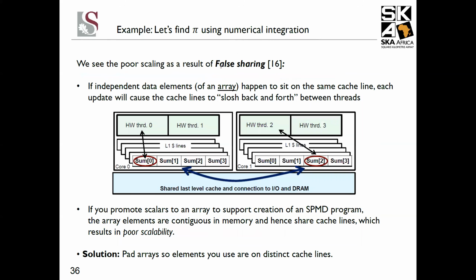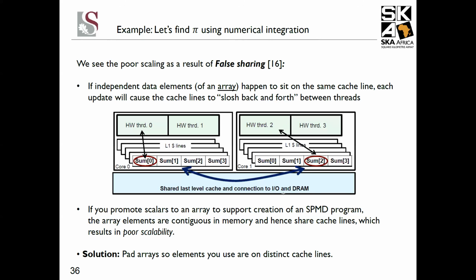What happens is that when we have an array of variables, like this sum, which we've declared with dimension the number of threads we're going to use, in this example 4, it will sit on what we call a cache line. Remember, your computer has these hardware caches. A processor has a cache in order to mitigate the time it needs to pass variables in and out of RAM.